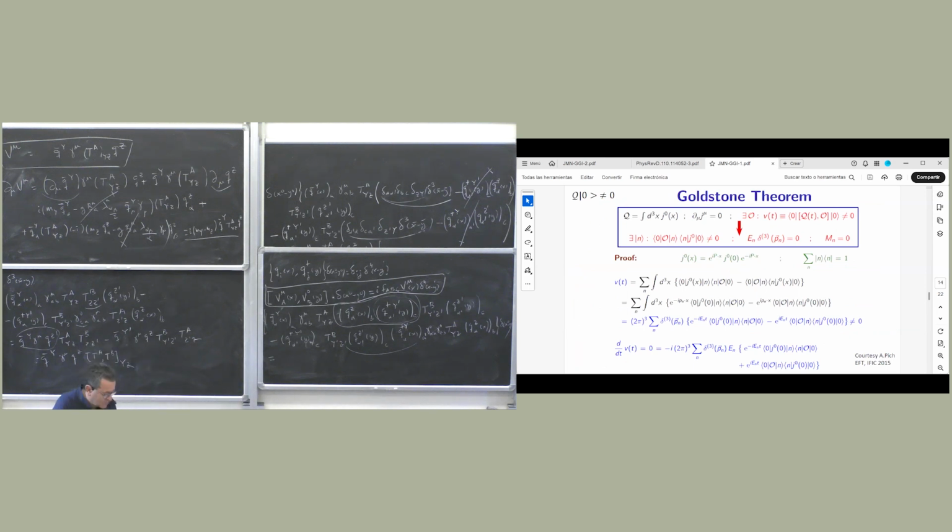Okay, so the first thing I need is to have the proper notes.